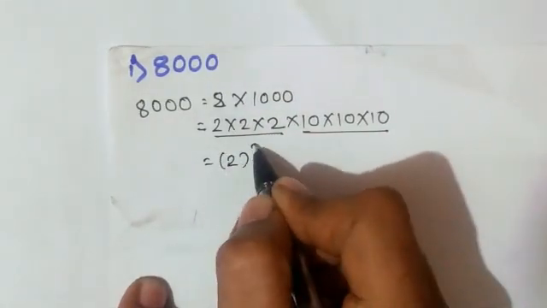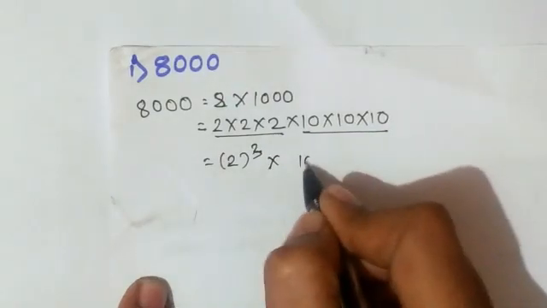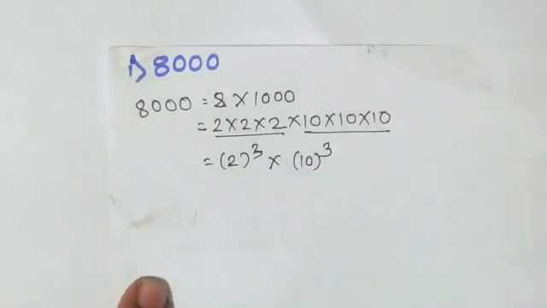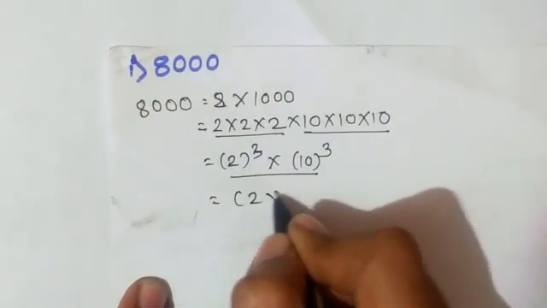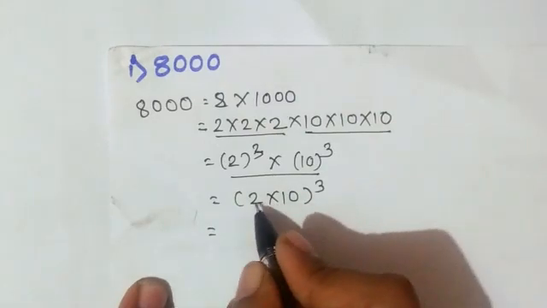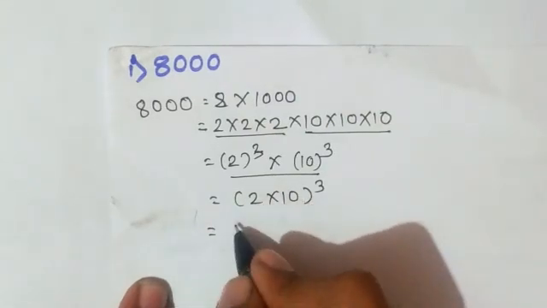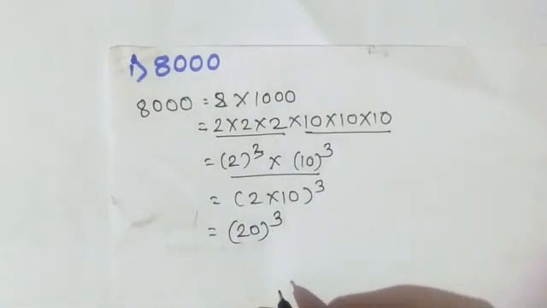So instead of these three 2s and three 10s, we are going to make it common. That is 2's cube multiplied by 10's cube. Here we can make it common: 2 into 10 in brackets, cube. Now we know 2 tens are 20, so 20's cube.